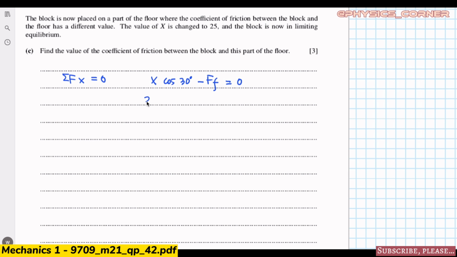Now with x changed to 25, 25 cos 30 equals the frictional force, mu times R.